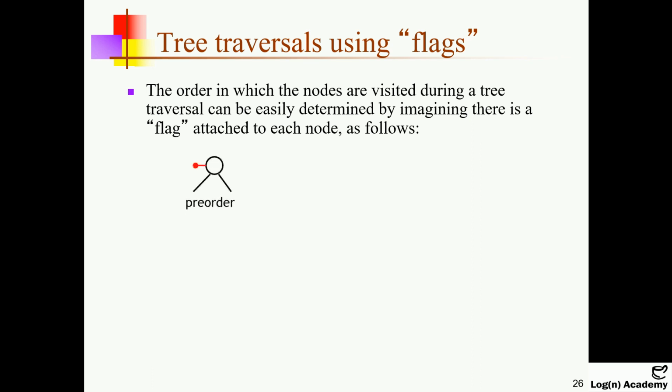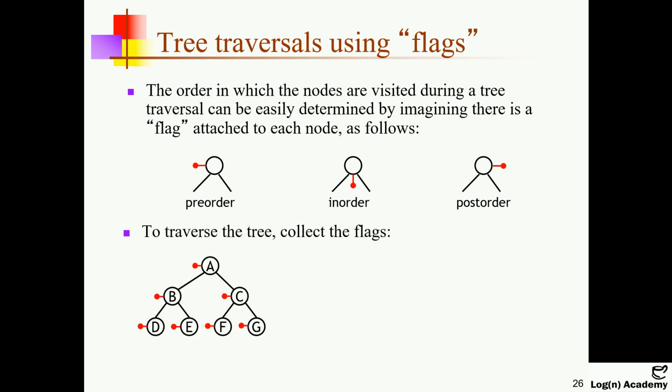As you can see, in pre-order the direction of the flag is towards the left-hand side. In in-order, the direction of the flag is towards the ground, and in post-order the direction of the flag is towards the right-hand side. Now, what is the benefit of attaching these flags to the nodes? The next picture will show you the benefit of these flags.